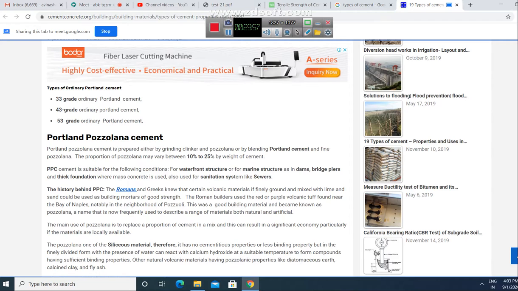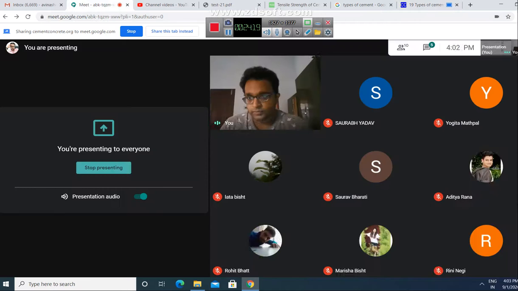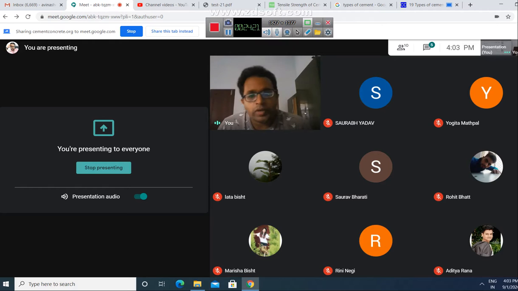Now, Portland Pozzolana cement is prepared by grinding the cement clinker. We have already prepared the cement clinker by burning together, after mixing, calcareous and argillaceous raw materials. Into the clinker, you add some amount of pozzolana. Pozzolanic material means certain materials which do not have any cementitious property.